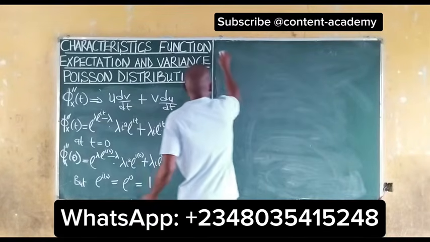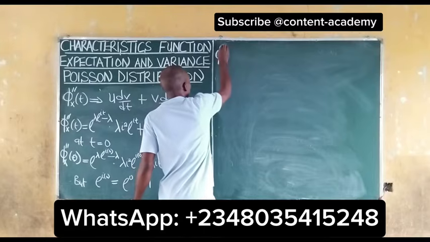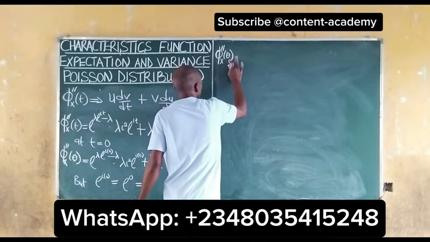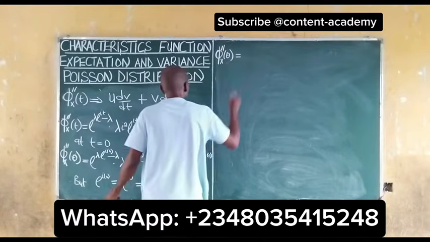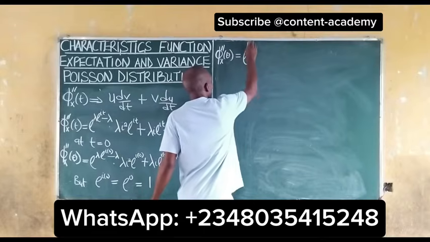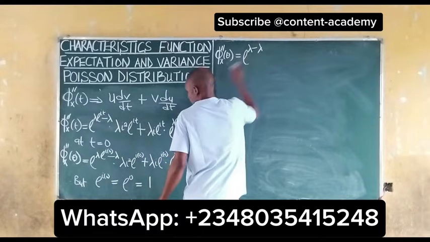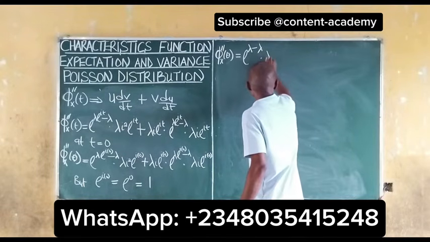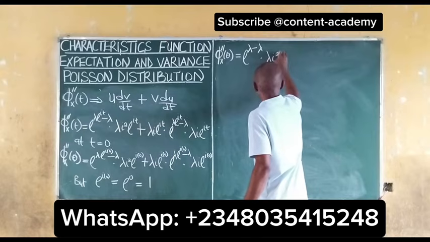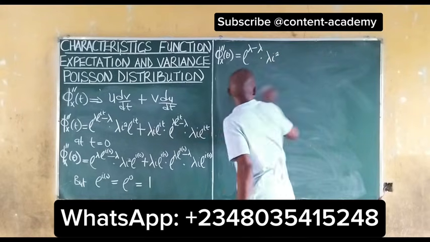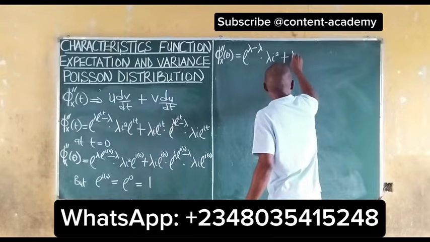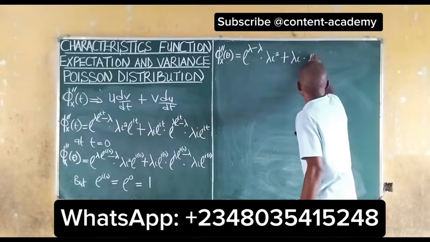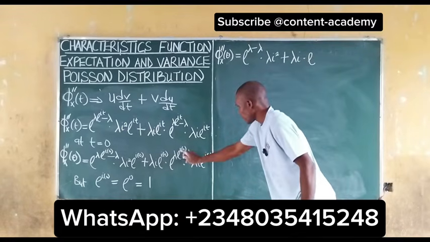So it then means that our second derivative for our characteristic function is equal to exponential lambda minus lambda, because this has come to 1, multiplied by lambda i squared, this is also 1, plus lambda i, this is also 1, multiplied by exponential, this is 1.